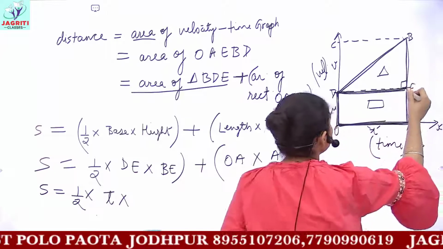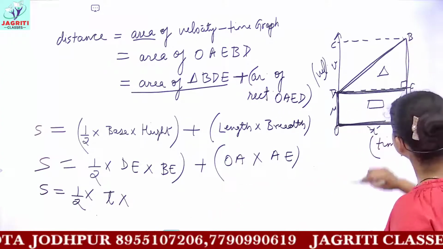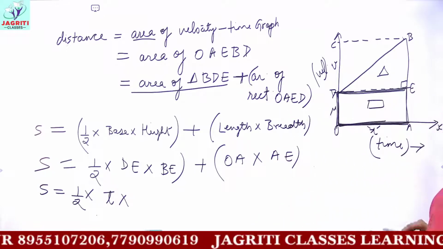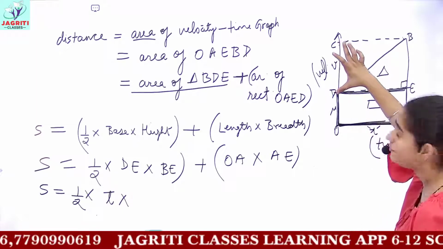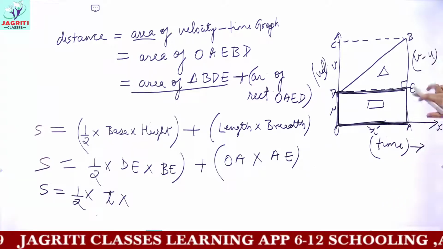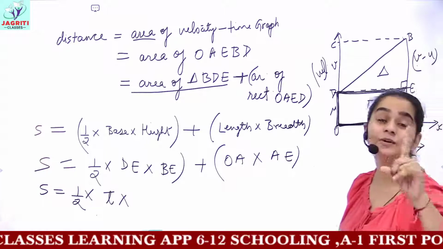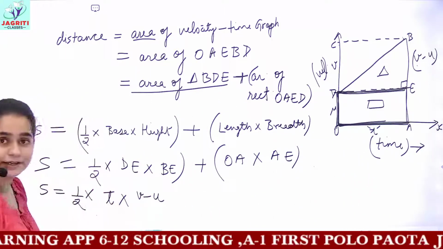We found out the value of BE previously also. BE is actually equal to the value of DC, and we found out that DC is equal to V minus U. So the value of BE would be V minus U. This line is showing you the change in velocity. So BE would be V minus U here.